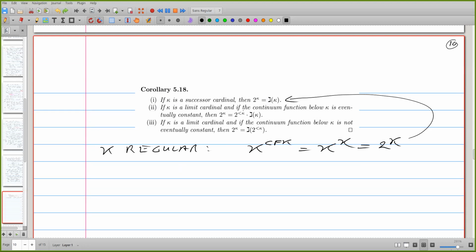I'm not going to talk over this, I'm going to write this down. Certainly 2 to the kappa is at least 2 to the less than kappa.